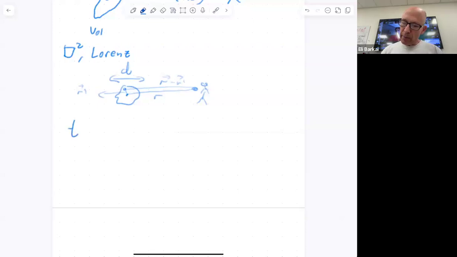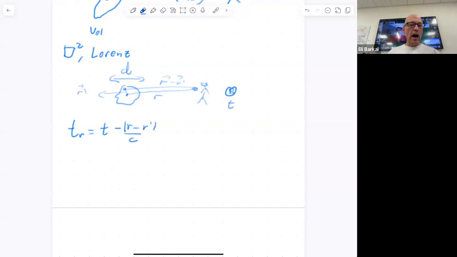What is the retarded time? Again, this is exactly what we had in the previous lesson. It's the local time, that this guy has some clock and he measures. This is the time t. And this is simply, in principle, R minus R prime over c.